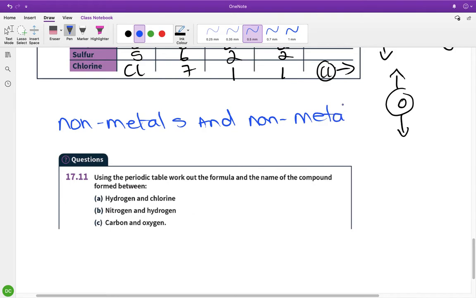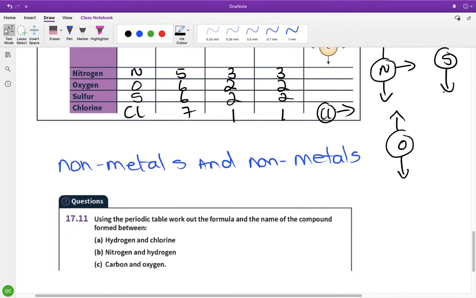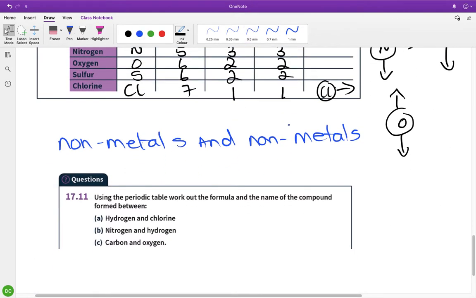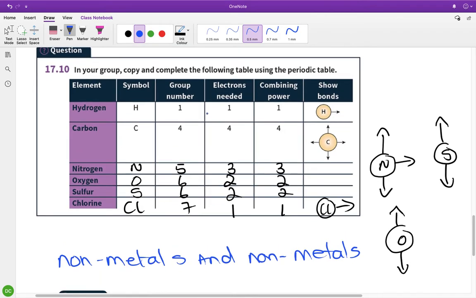Okay, so the -ides here were with metals and non-metals. So it's a nice easy thing. It's not as easy for non-metals and non-metals. They're just awkward. The names are awkward. Hydrogen, it's part of this group here. It's in group 1.